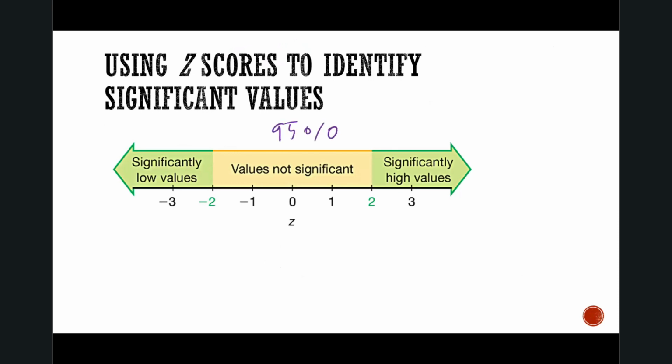So if we look at people's weights, and your z-score is 0, that means you are average Joe. You weigh exactly what the average is. You are a textbook specimen of whatever is being measured.